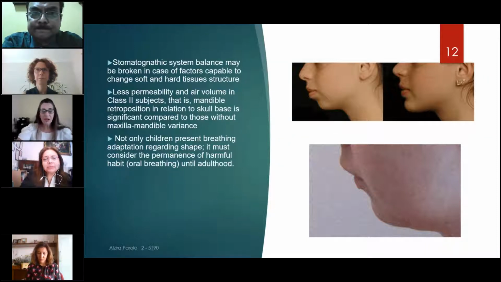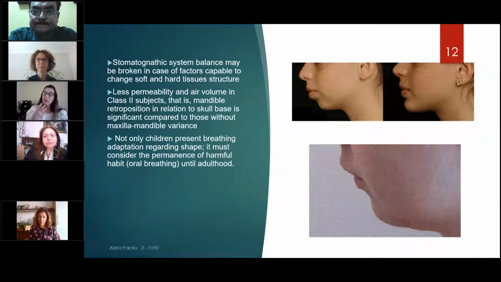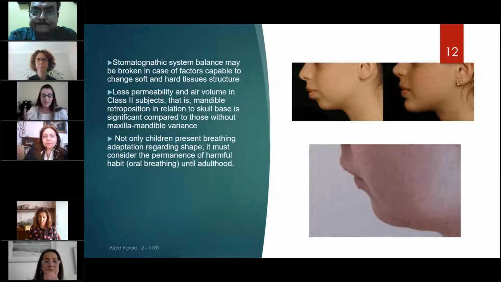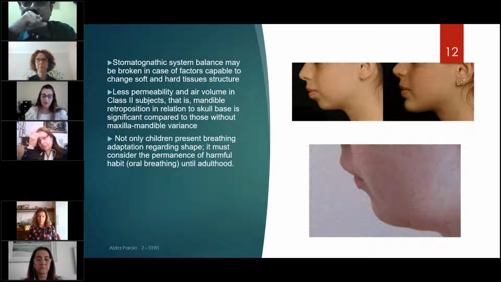Breathing disturbance of a subject presenting mandible retroposition is real, and depending on the maxilla-mandible relation, it may severely impact breathing.